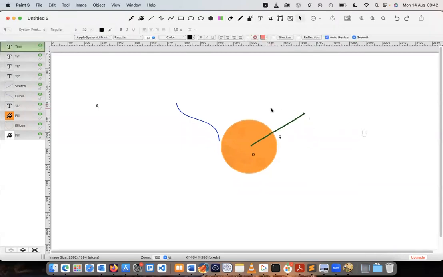Right, so we want to know, how does the concentration vary away from the particle? And we do that by drawing a shell here. So we are only considering r as the variable, and we are taking two positions, r and r plus delta r.